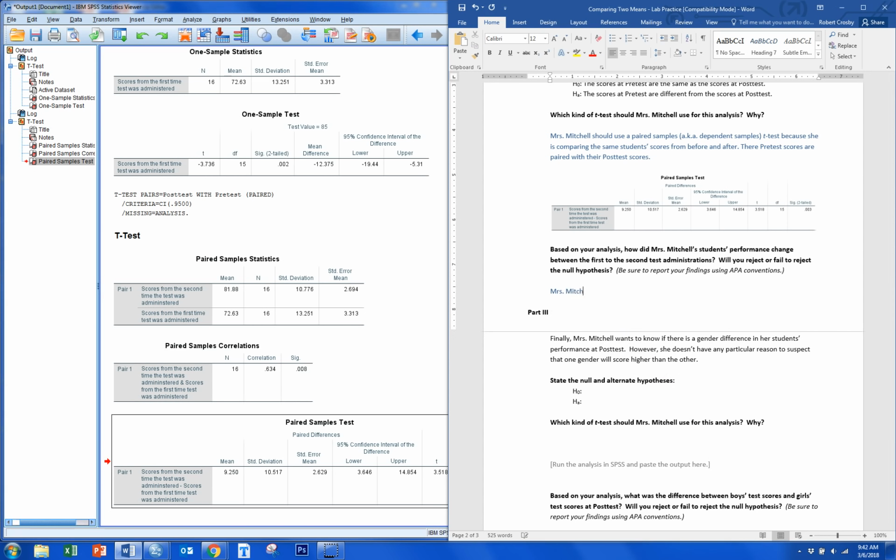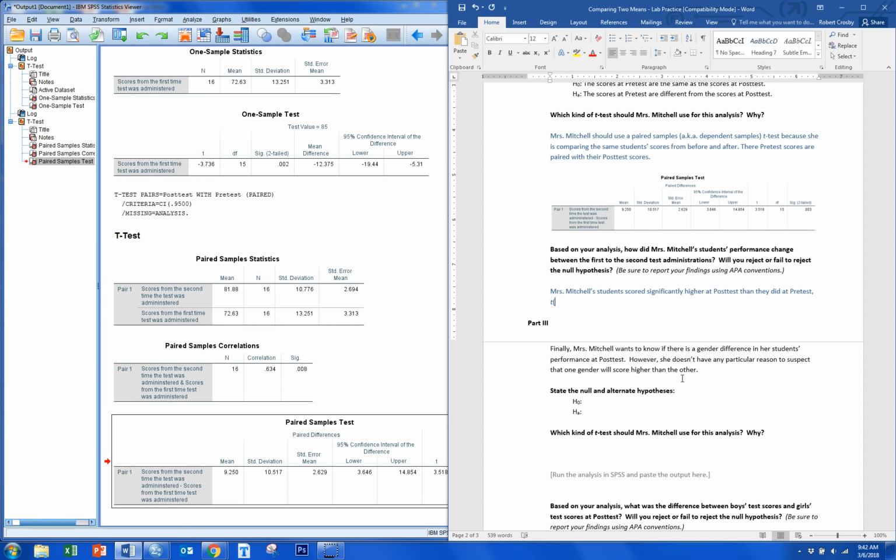So: Mrs. Mitchell's students scored significantly higher at post-test than they did at pre-test, comma, space, t in italics, the degrees of freedom, which is again 15, in parentheses, right? Space, equals, space.